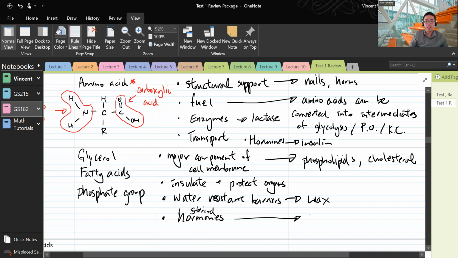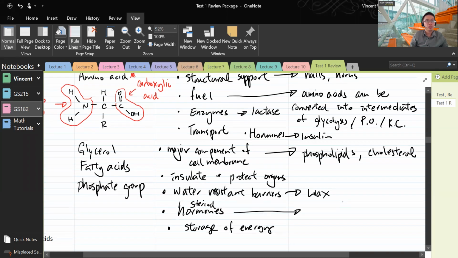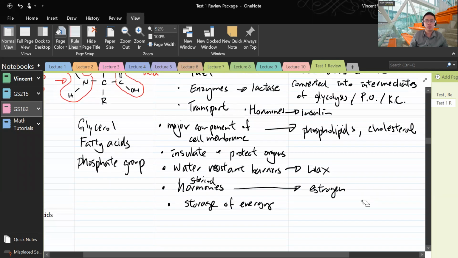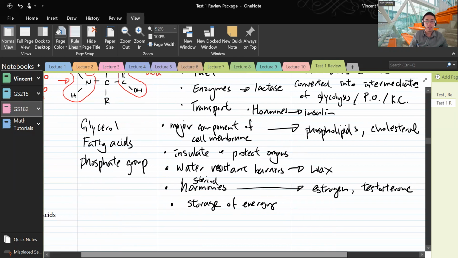Anybody can give me an example of a steroid hormone, please? Okay, and I see storage of energy as well. Very good. I'm still waiting for that example of a steroid hormone. Estrogen, excellent. Progesterone, testosterone, right? Very good. Good, good, good. Moving on.